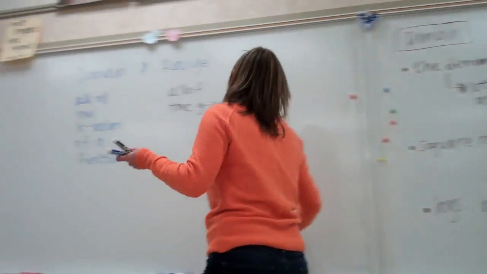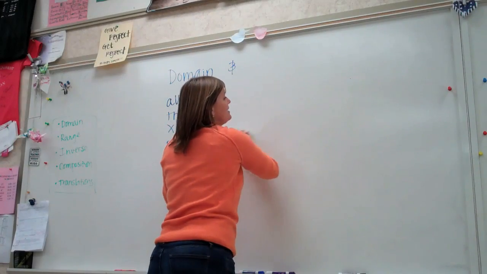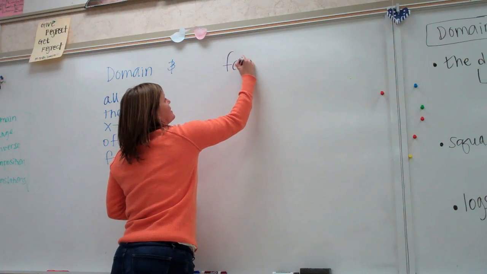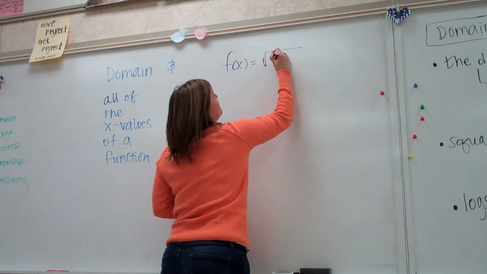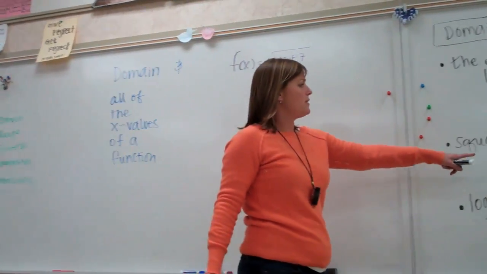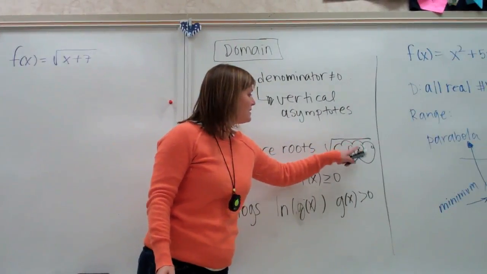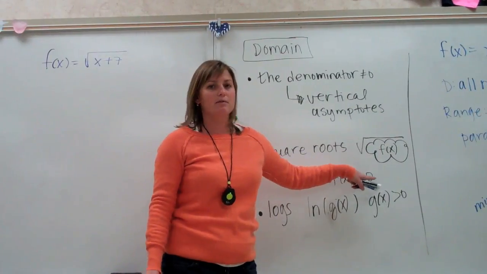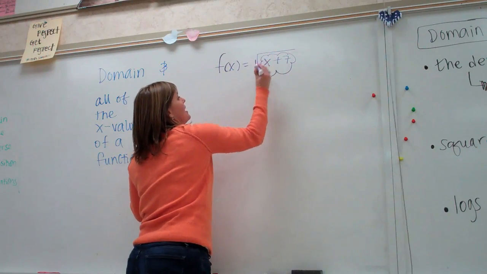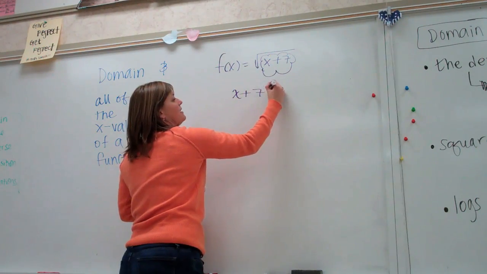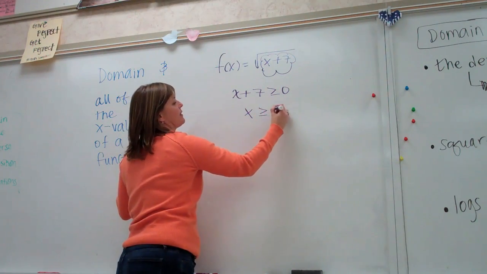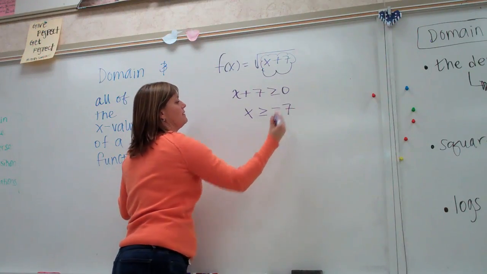Now something a little more complicated, with a square root in it. Let's say f of x is equal to the square root of x plus 7. Everything inside that square root has to be greater than or equal to 0, which gives me the domain: x is greater than or equal to -7.